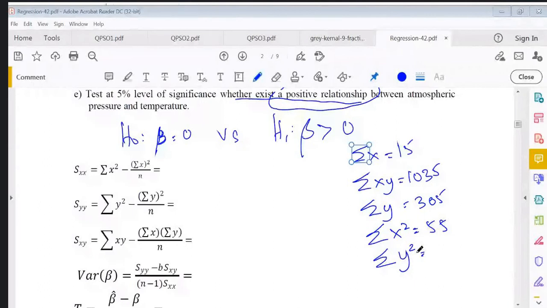What is the value of SXX? We get 10, just 10. After that, SYY is equal to 20325 minus (summation Y) 305 power 2 divided by 5.